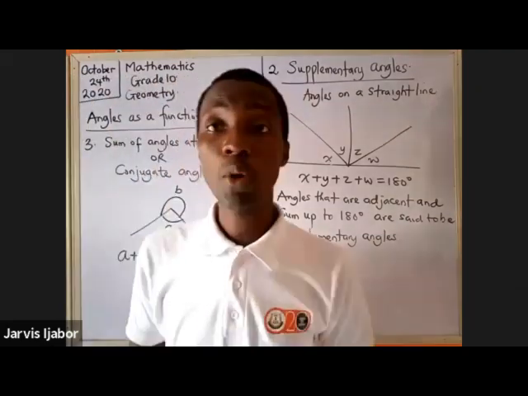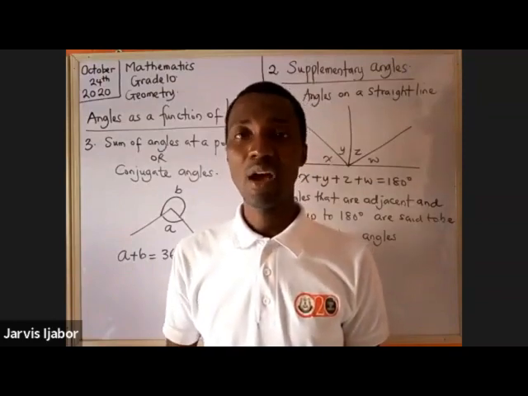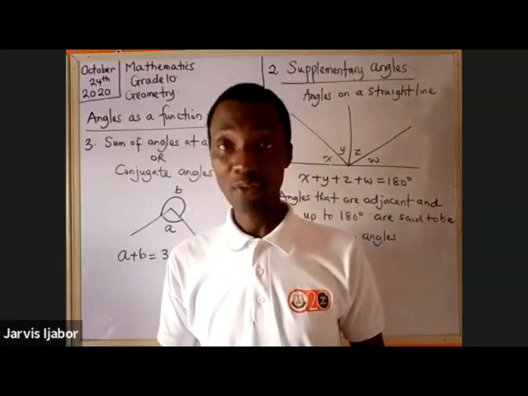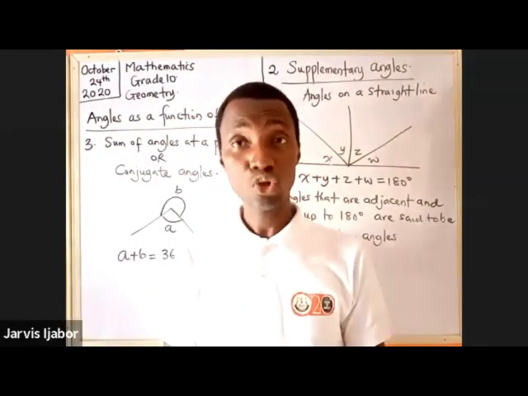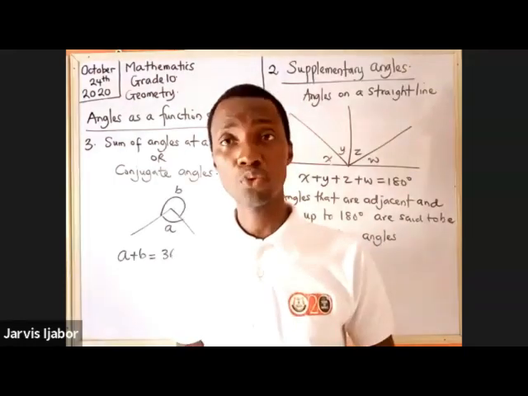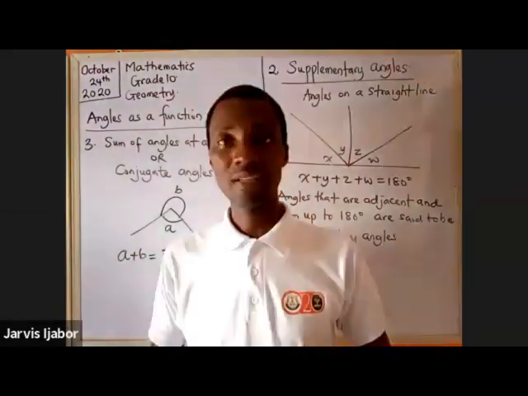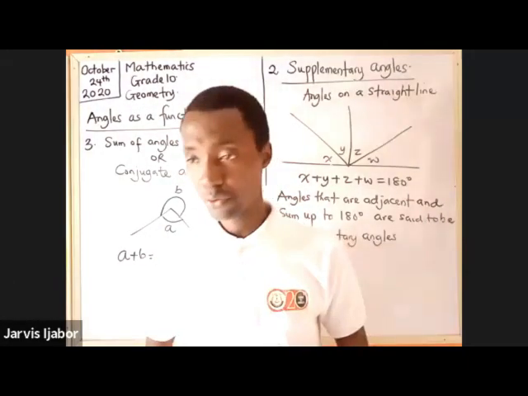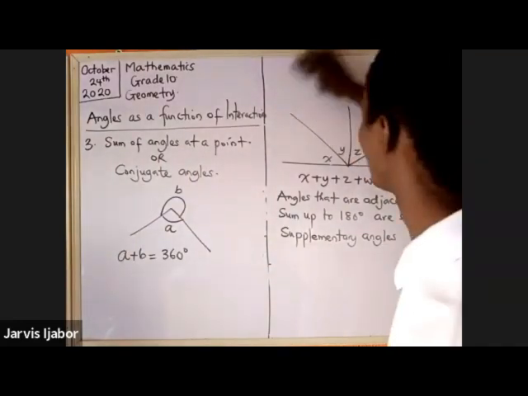When two or more angles sum up to 360 degrees, what you have is what is called conjugate angles. I don't know if you heard this before, but know that a term like that exists. Angles that sum up to 360 degrees are treated as conjugate angles, right?